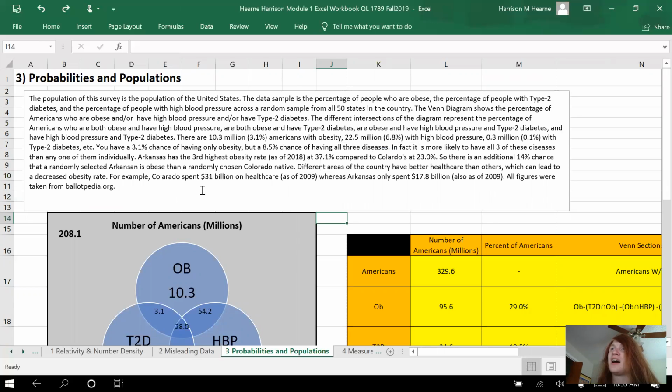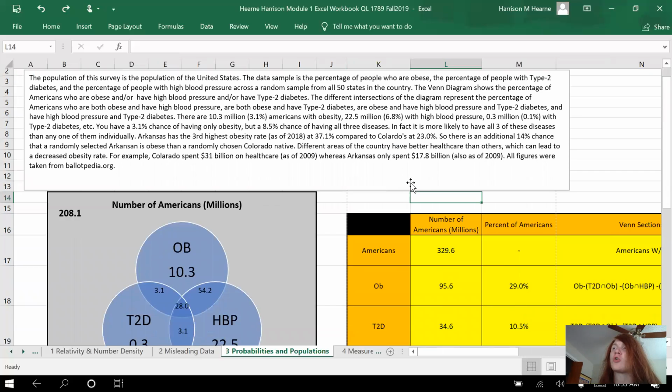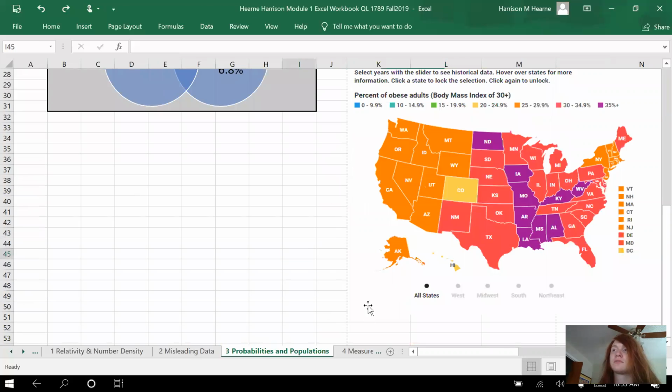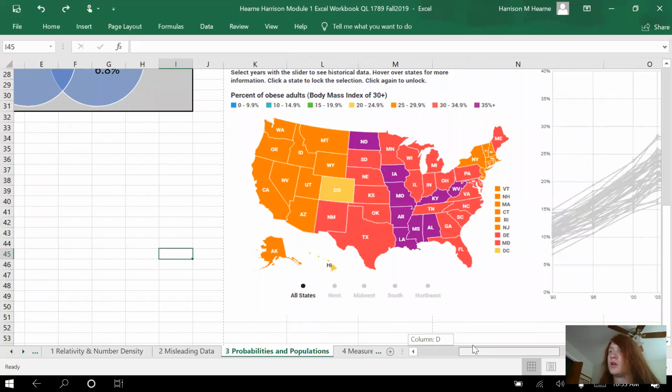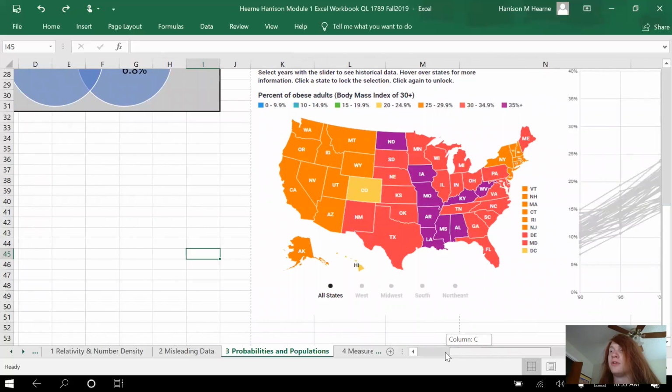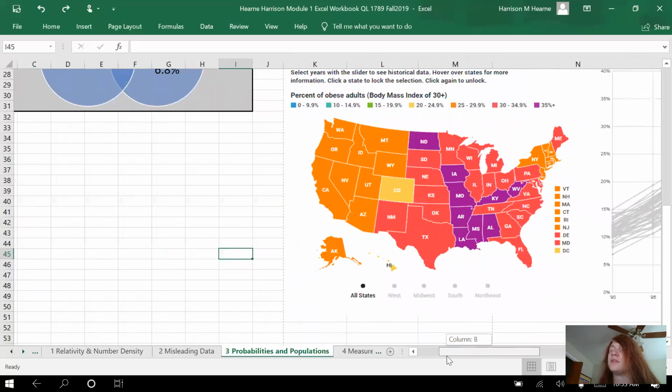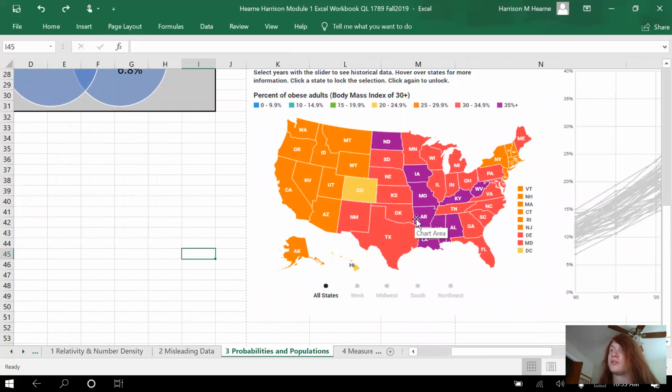So in 2009, Colorado spent $31 billion on healthcare, when Arkansas only spent $17.8 billion on healthcare. So that is not quite double, but it's almost double the amount of money that Colorado spent on healthcare versus Arkansas.